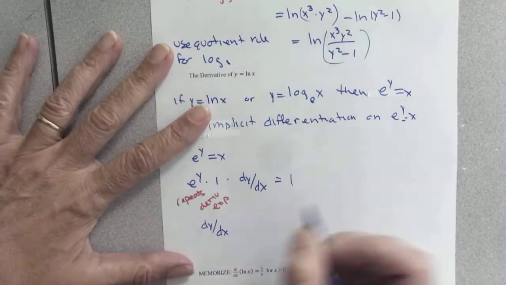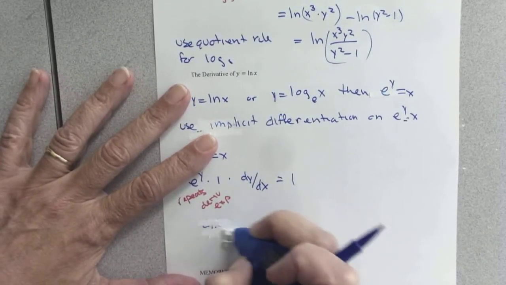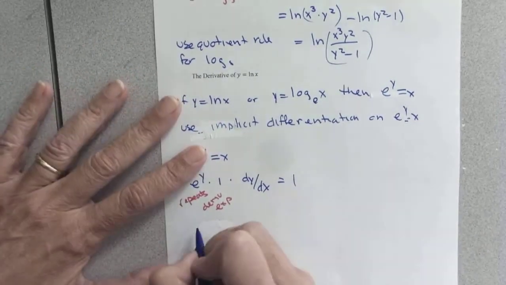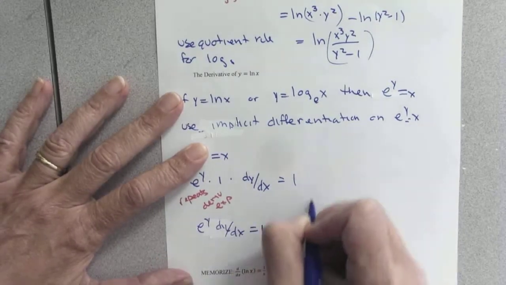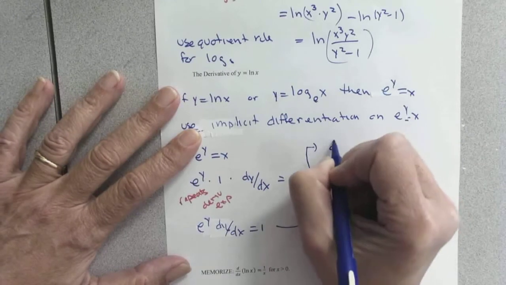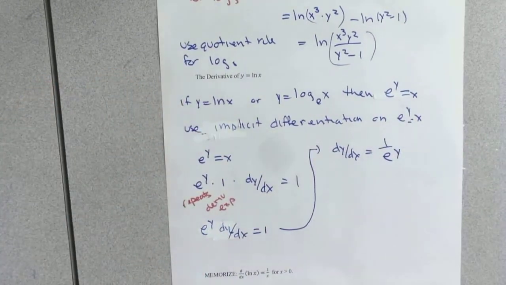Won't skip so many steps here. So I have e to the y dy dx equals 1. Or that's dy dx equals 1 over e to the y.